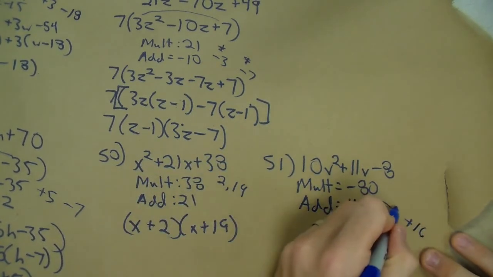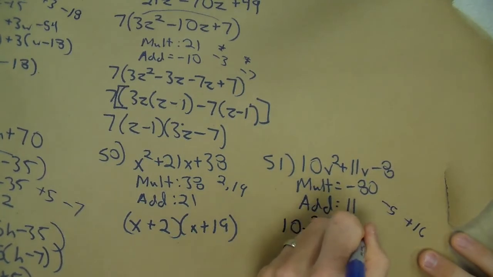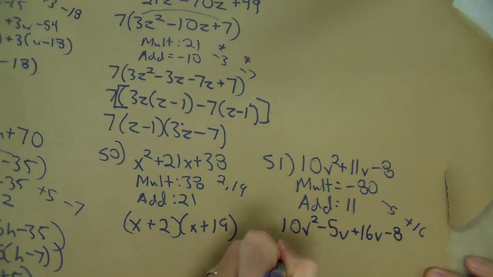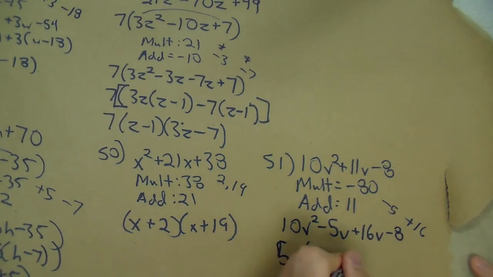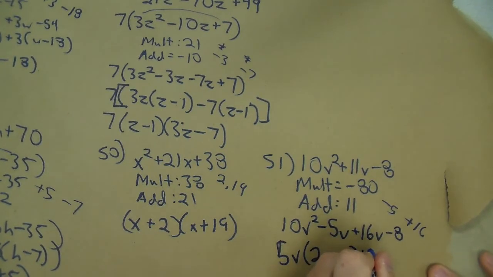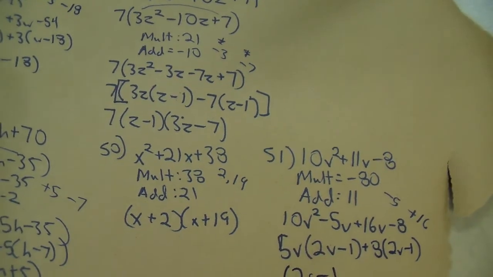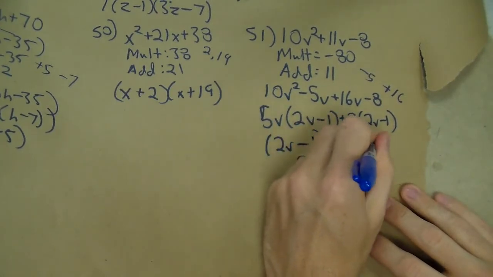So we go positive 16, negative 5. 10v squared minus 5v plus 16v minus 8. Take out a 5v. We get 2v minus 1. Take out an 8. We get 2v minus 1. So our factors are 2v minus 1 and 5v plus 8.